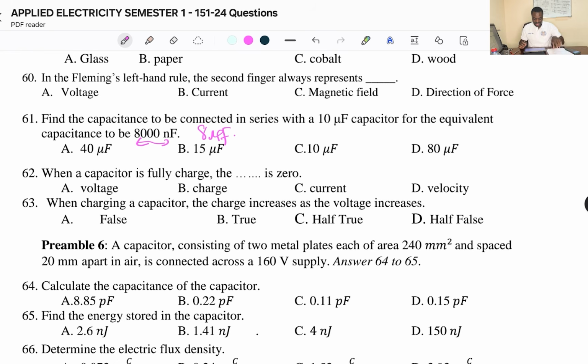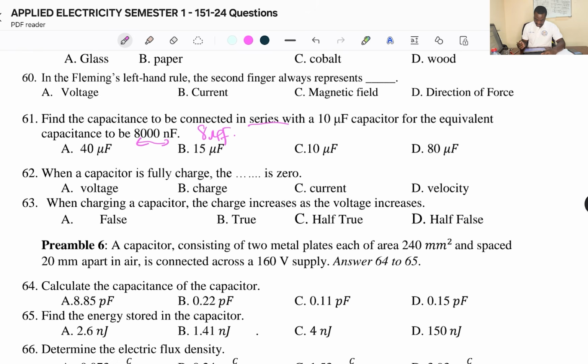So we are interested in the capacitor to be connected in series with the 10 microfarad capacitor for us to get an equivalent capacitance of 8 microfarad. Since this is about connection of capacitors in series, we can say that the product, right?